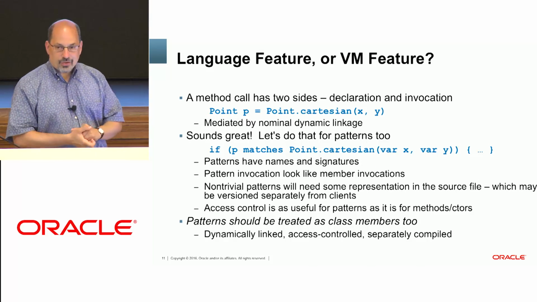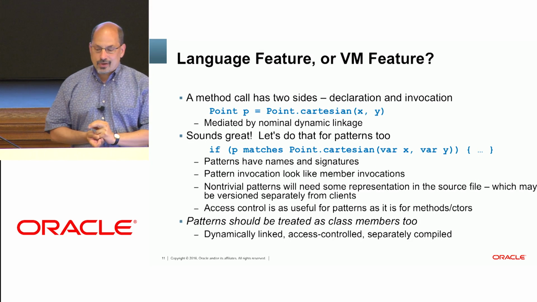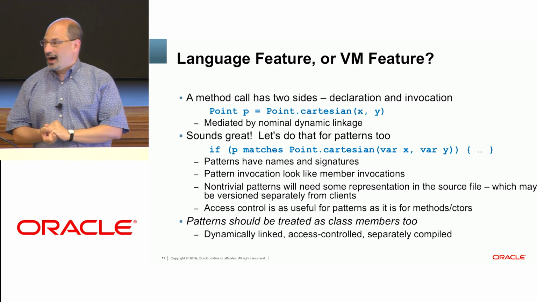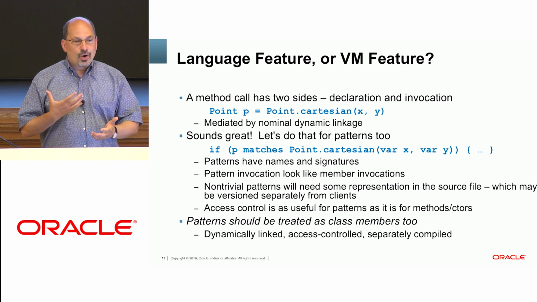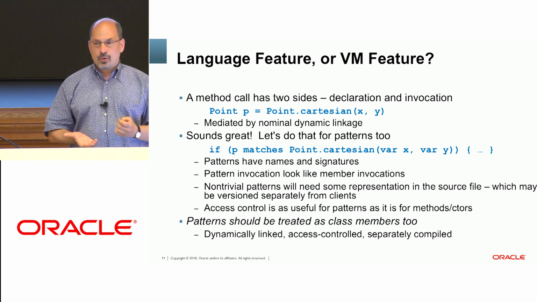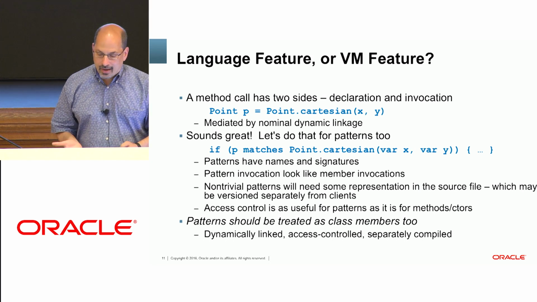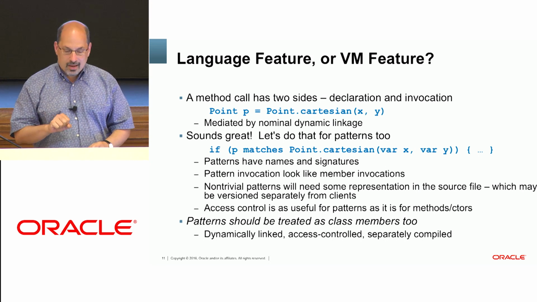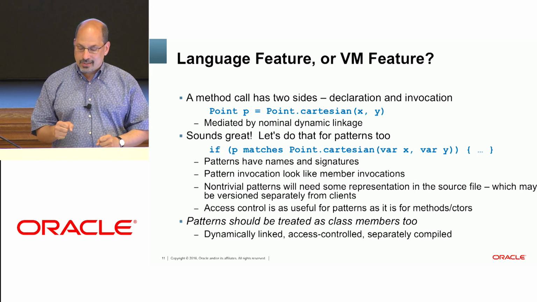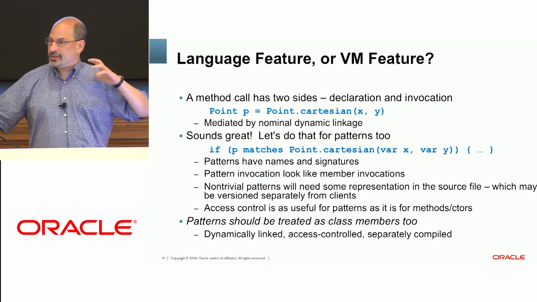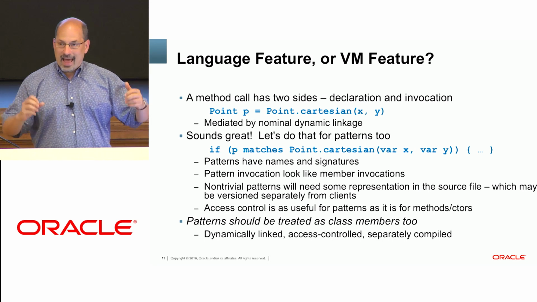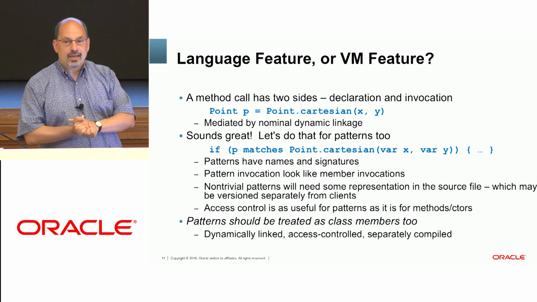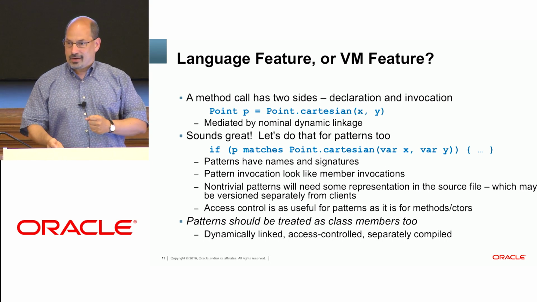Okay, so the obvious question that we ask ourselves is, is this a language feature or a VM feature? Or more specifically, is there some part of this feature that we would really like to have the VM help with? So if you think about how we process a method call today, there's two sides: the declaration and the use, and the mediation between the declaration and the use is nominal dynamic linkage, right?